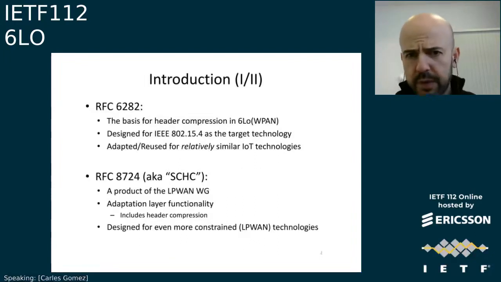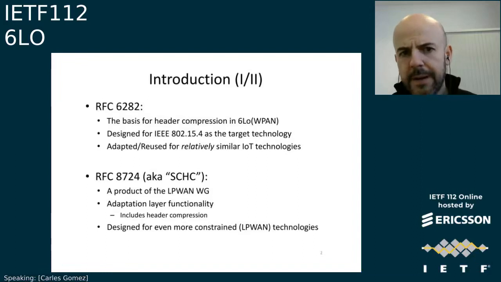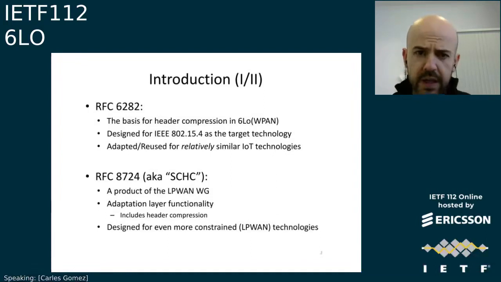So first of all, as a quick reminder of the motivation for this draft, as the working group knows, RFC 6282 has been the basis for header compression in 6LoWPAN and also in 6Lo. It was designed for 15.4 as the target technology below IPv6, and it has been adapted or reused several times for relatively similar IoT technologies for which IPv6 support has been enabled. And last year there was the publication of RFC 8724, also known as SCHC, which is a product of the LPWAN working group.